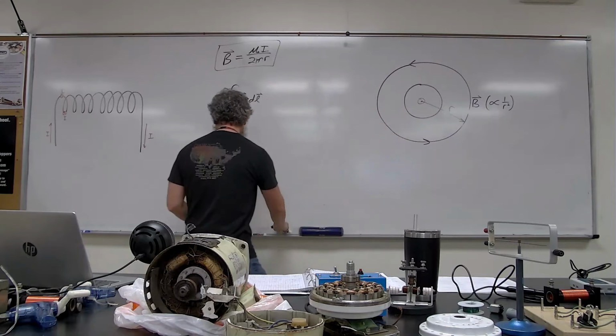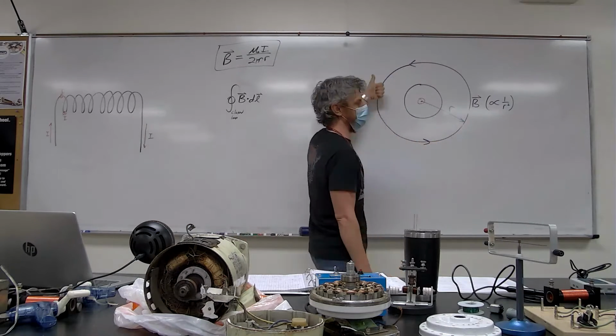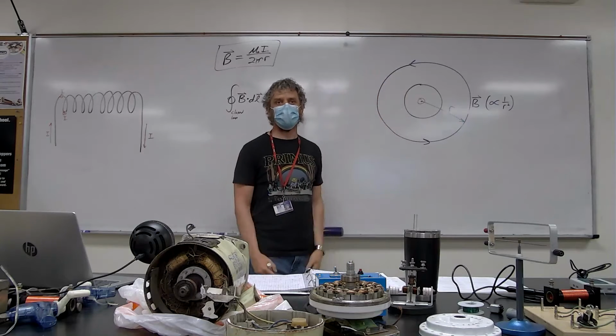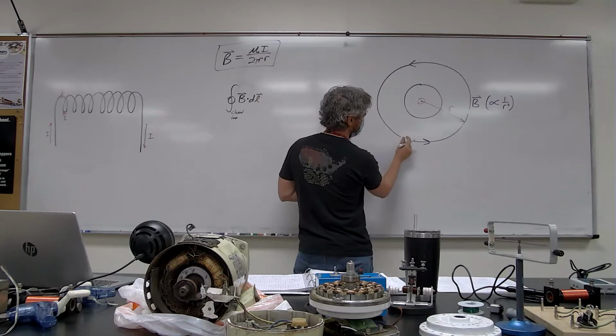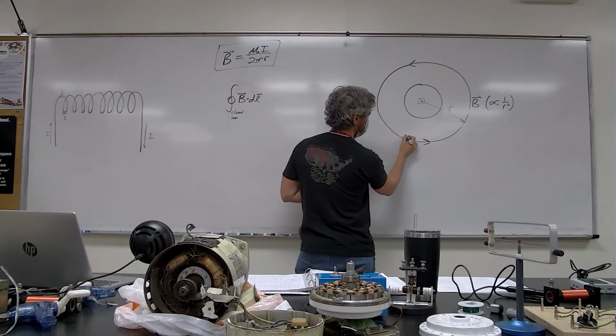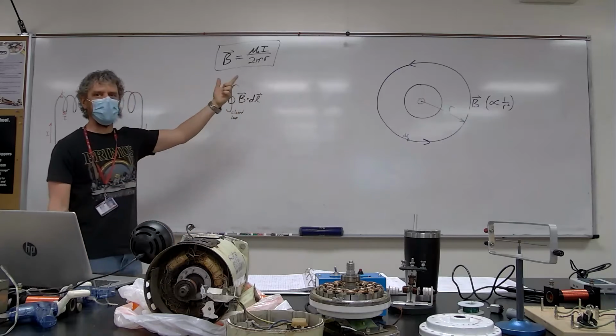And you want to orient it. You can integrate both ways. You can integrate dl this way, you can integrate dl that way. Go in the same direction as the magnetic field, it just makes your life easier. So I'm going to make my dl point this way. And so B dot dl is just B dl cosine theta.